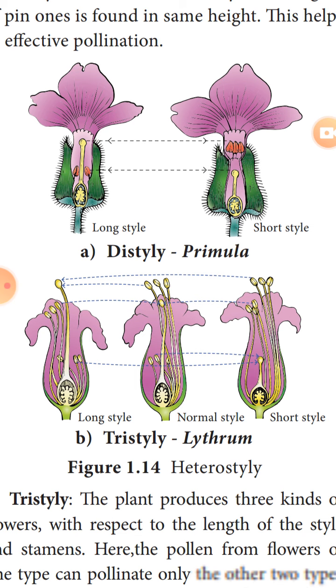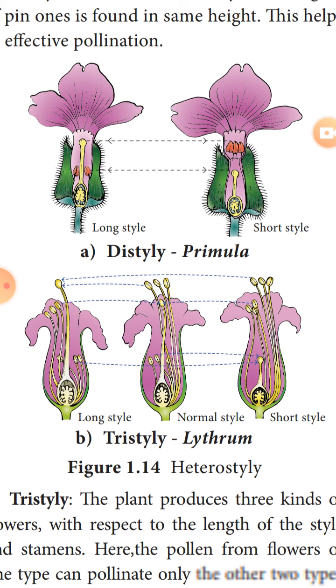This is very effective in pollination. In distyly, there are two different lengths of style, a simple example. Another example of heterostyly is tristyly, where the plant produces three different types of flower with different lengths of stamen and pistil.